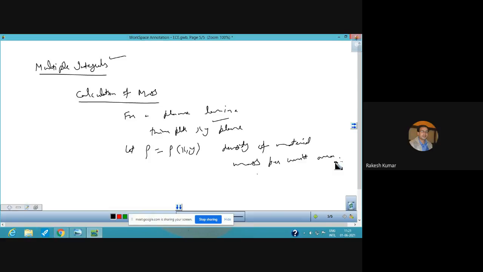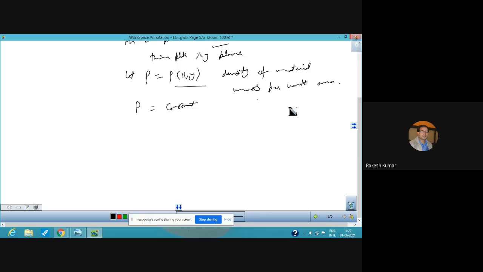So obviously, if rho is different at different points of the region, then rho is a function of x and y. And if rho is constant, then the density of the material has the same value at every point of the region. Remember, we have a plane lamina in the xy plane.